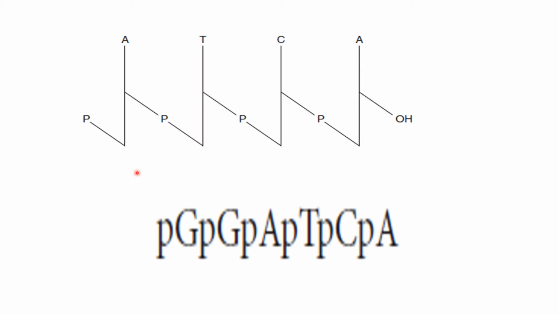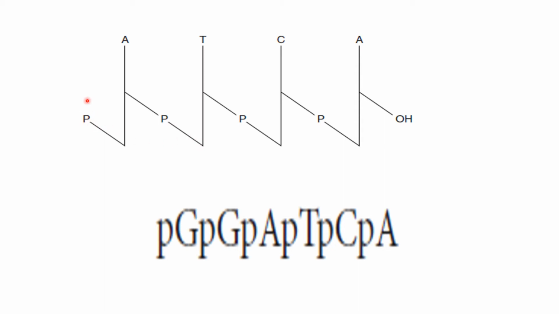This is the representation of how the phosphodiester bond is directional, in the 3' to 5' direction. All of the nucleotides are joined by means of this phosphodiester bond, which is directional in the 3' to 5' direction.